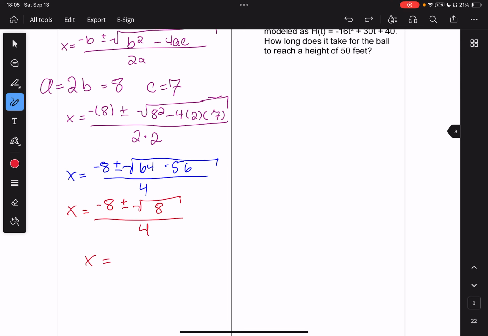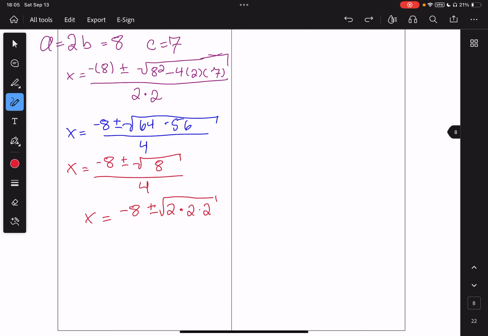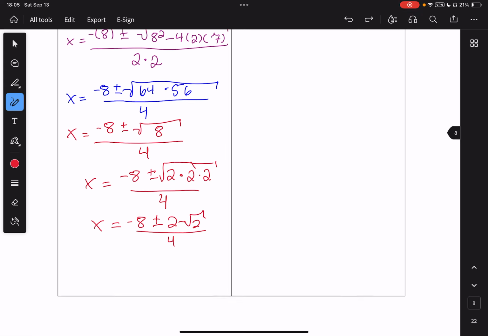This simplifies to negative 8 plus or minus 2 square root of 2, because 8 is equal to 2 times 2 times 2. 2 times 2 is 4, 4 times 2 is 8. So then this square root simplifies to 2 square root of 2 all over 4.